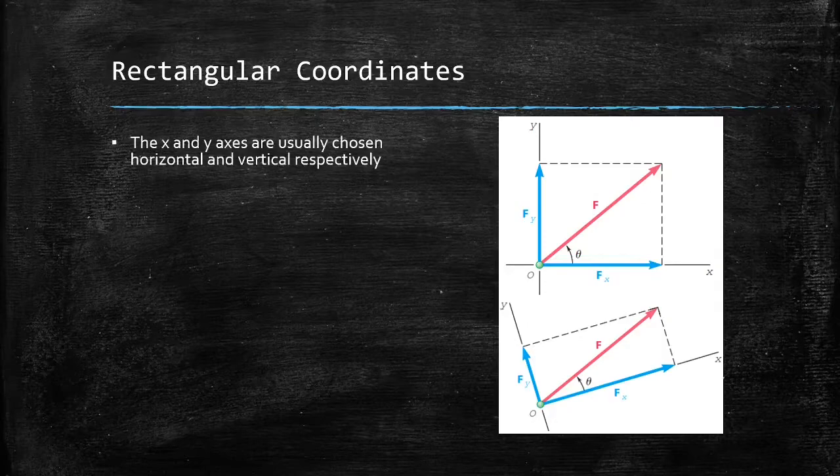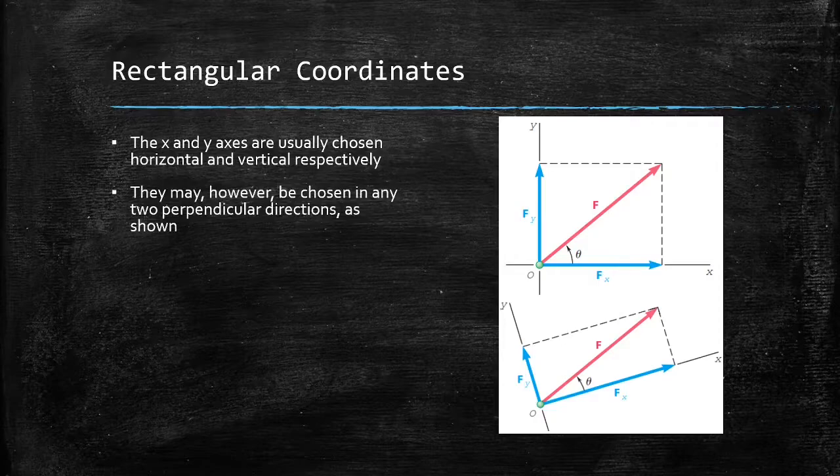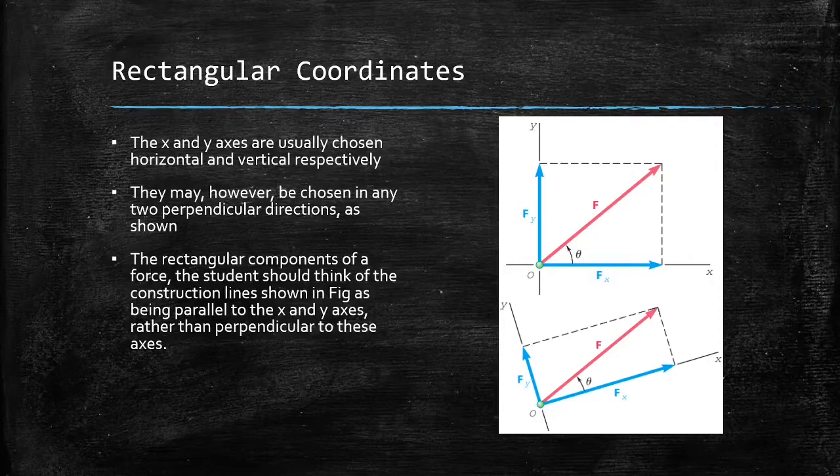The x and y axes are usually chosen in the horizontal and the vertical direction respectively. They may, however, be chosen in any two perpendicular directions as shown. The students should think of the construction lines as shown in the figure as being parallel to the x and the y axis rather than perpendicular to these axes.